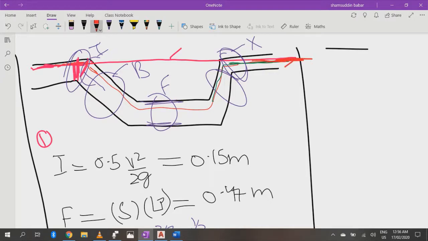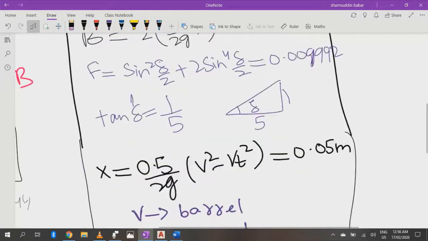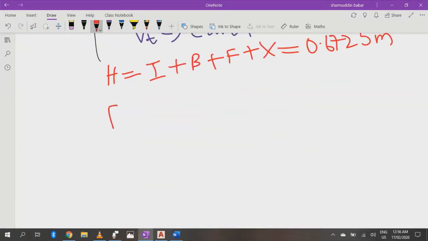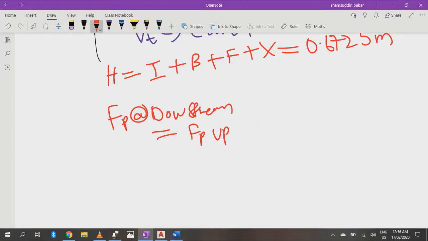Full supply level at downstream side can be found using the full supply level of siphon at downstream is equal to full supply level at upstream side minus total head losses. Now we knew that our full supply level at upstream side is 476.